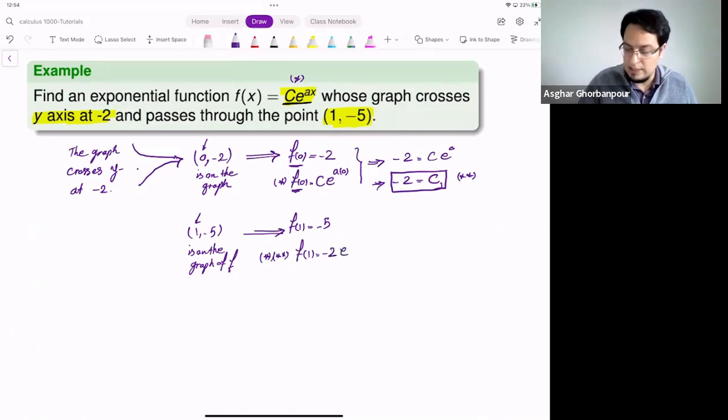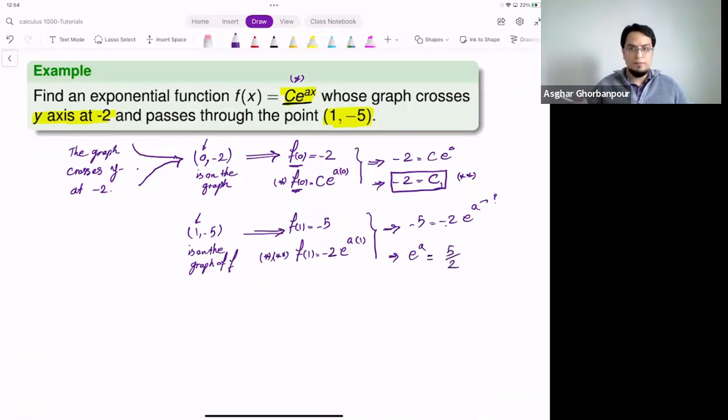Both are outputs of the function for input 1. That means that -5 must equal -2 e to the power a. I want to find a, so I divide by -2 on the other side and get 5 over 2.